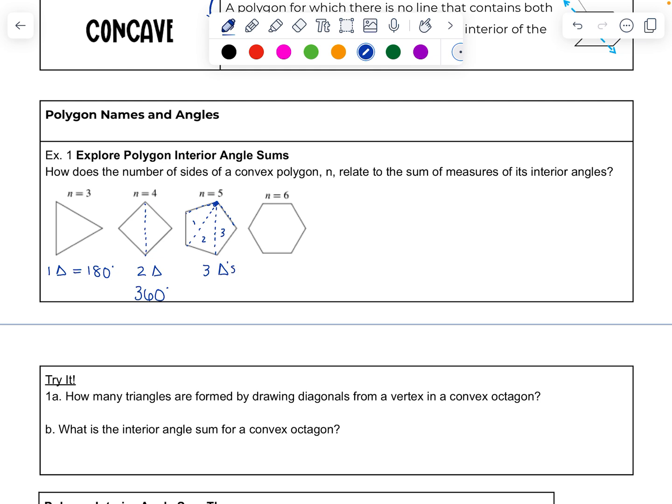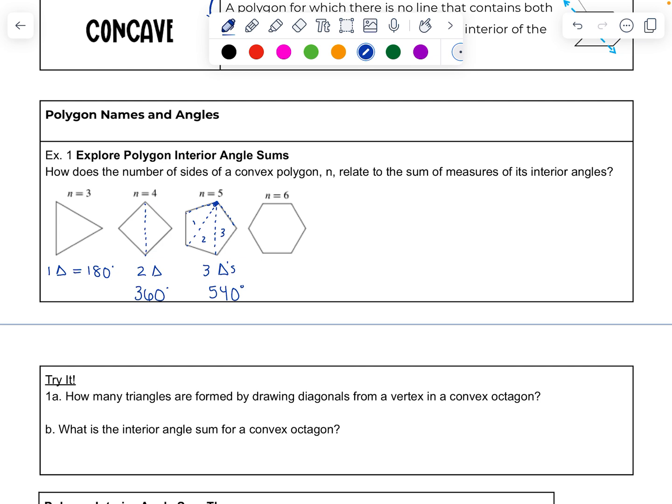So 3 triangles. Hopefully you can start to see the pattern. If each triangle is 180, I would just add 180 more, so that would be 540 degrees, how many degrees all the angles would add up to.